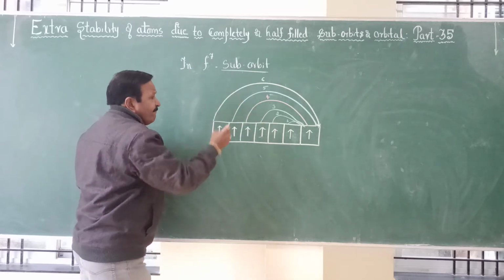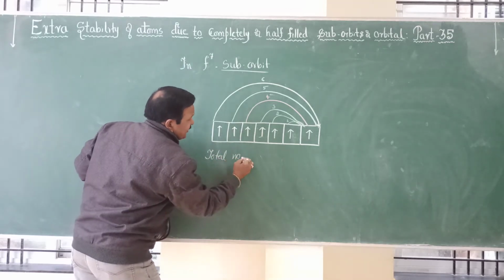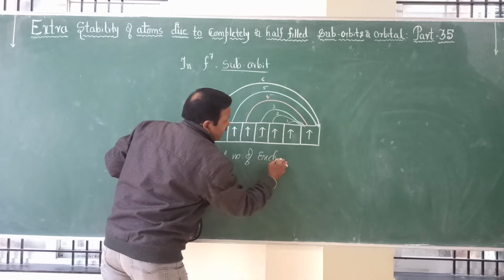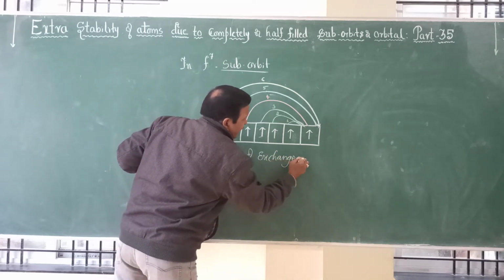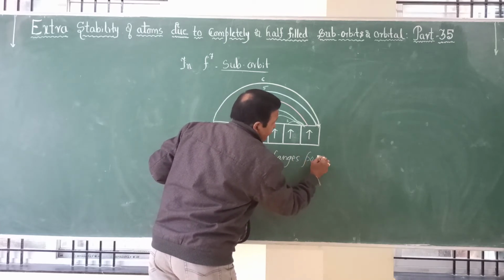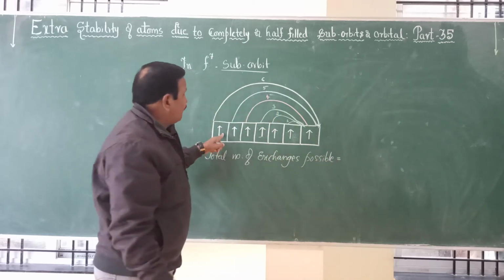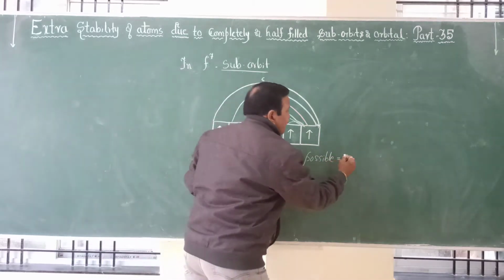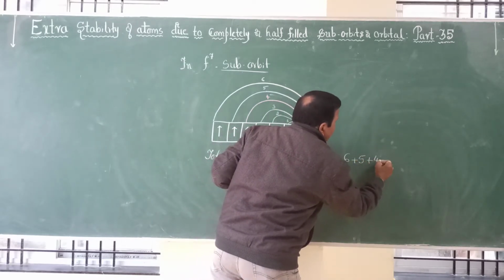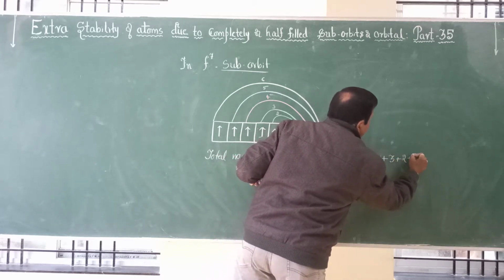Hence the total number of exchanges possible will be equal to 6 plus 5 plus 4 plus 3 plus 2 plus 1.